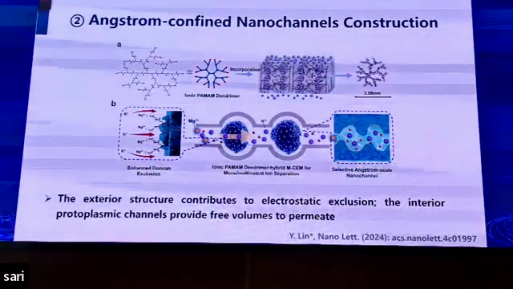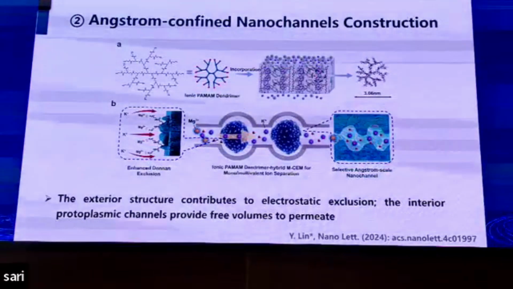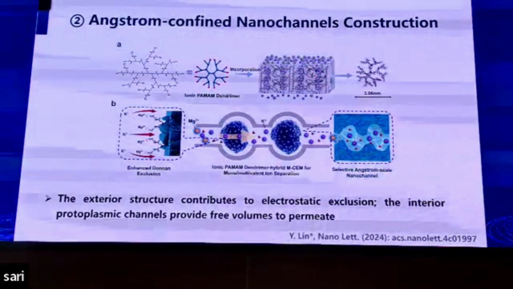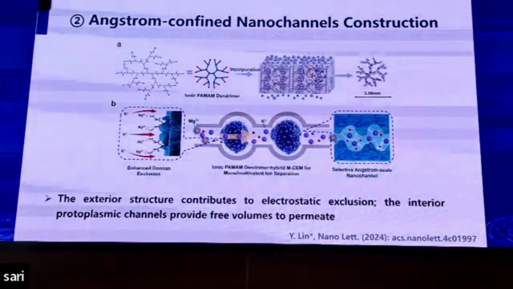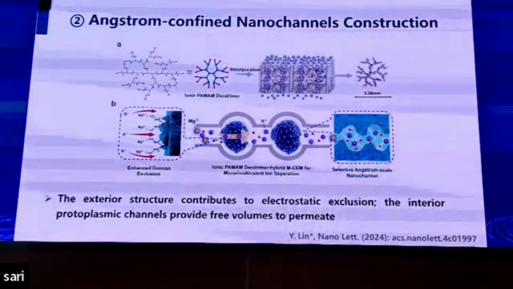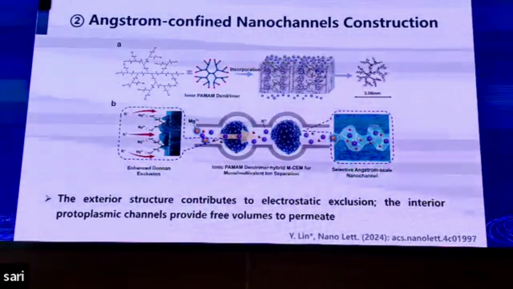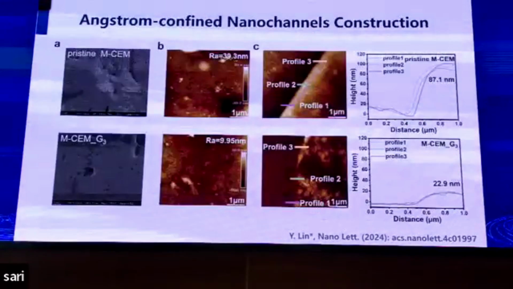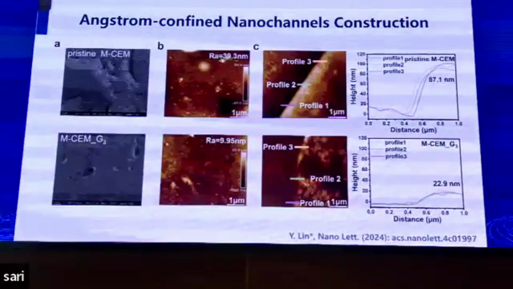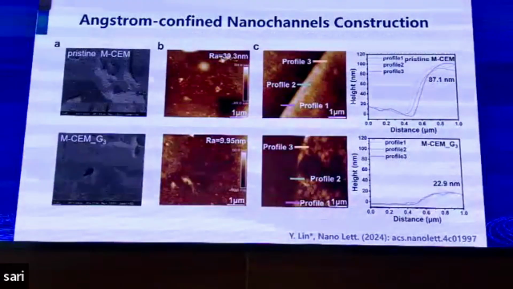Inside it, the internal porosity will be increased, so the ions can pass through freely, but meanwhile the multivalent ions will be repelled because of the high positive charge. After embedding the dendrimers, the surface structures nearly remained.